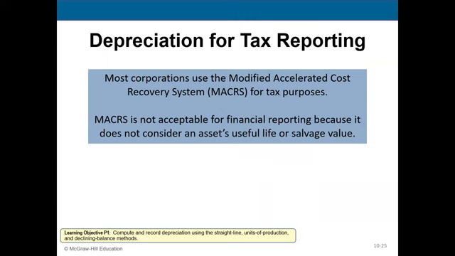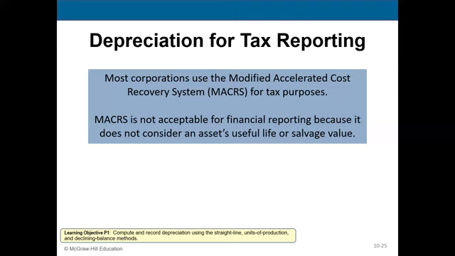I was mentioning, how do you know how long something's supposed to last? And I had said the government tells you how long it's supposed to last. They do this through a system called MACRS, the Modified Accelerated Cost Recovery System.